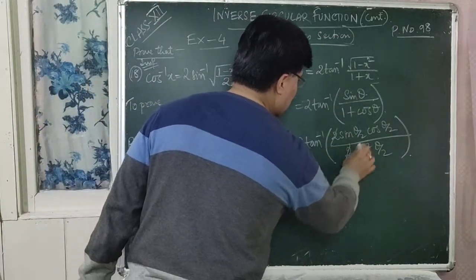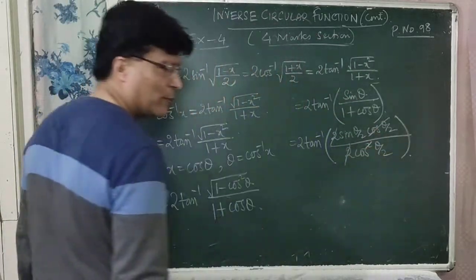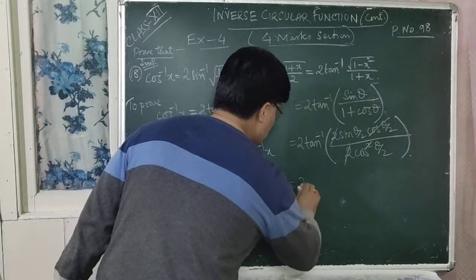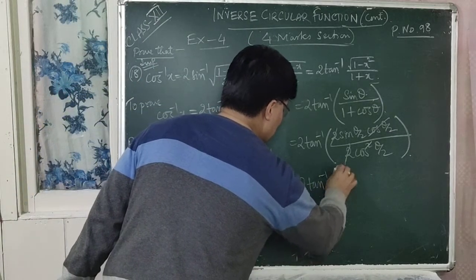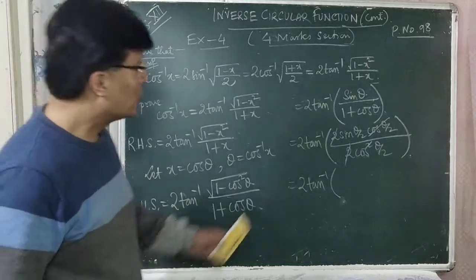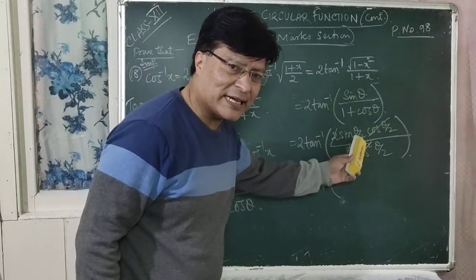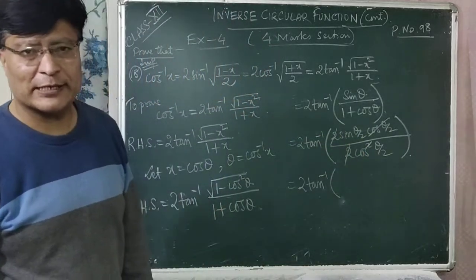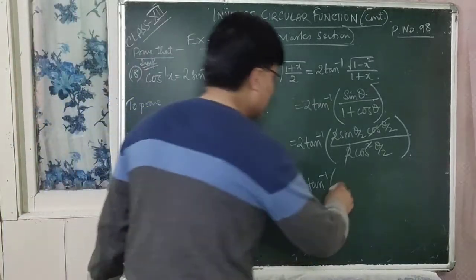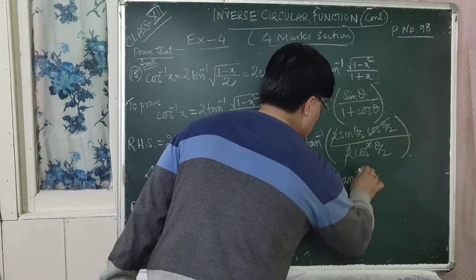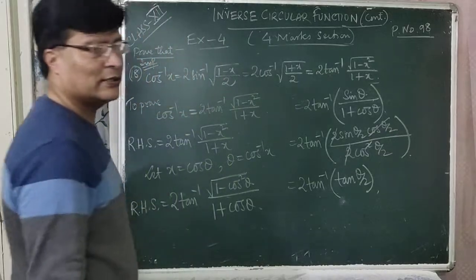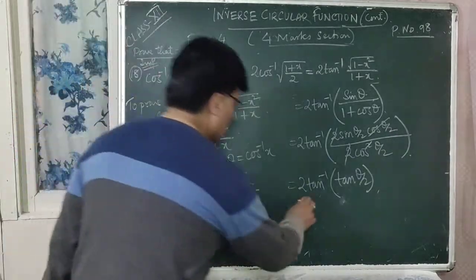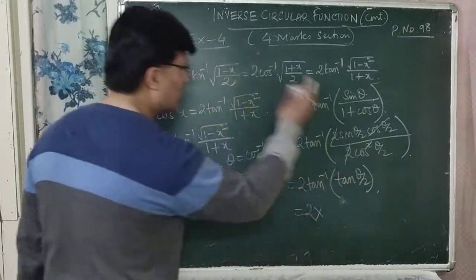This 2 gets cancelled, cos theta by 2 and square will be cancelled, which is equal to 2 tan inverse. Now within bracket, what is the formula now? Sin theta by 2 upon cos theta by 2. What is that? That is your tan theta by 2. Okay. So is equal to 2 into, again you know this formula.